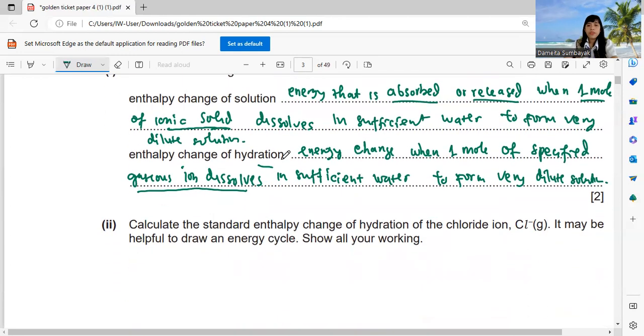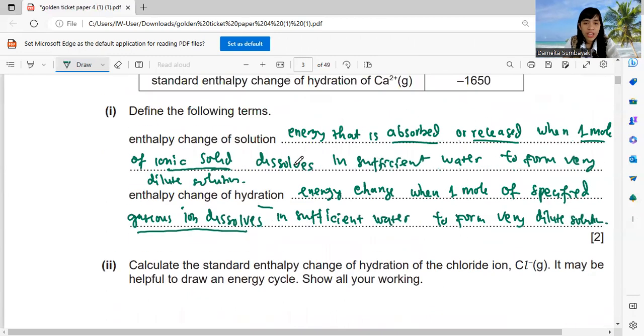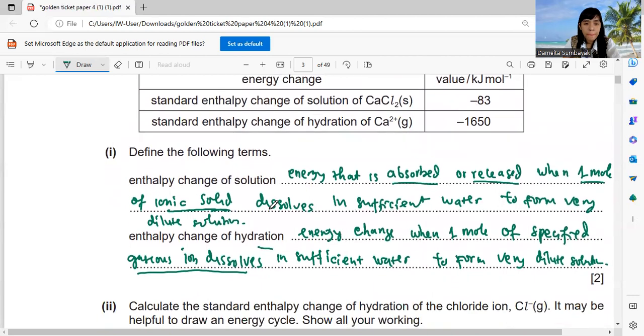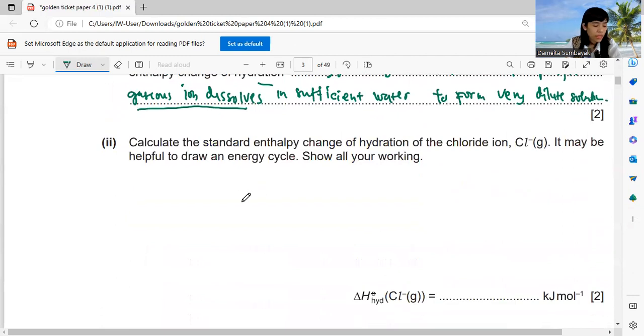Calculate the standard enthalpy change of hydration of chloride ion, Cl- gas. It may be helpful to draw an energy cycle. Show all your working. Okay, so in here we have an ionic solid of calcium chloride.